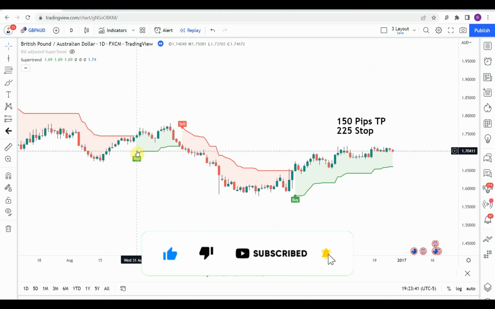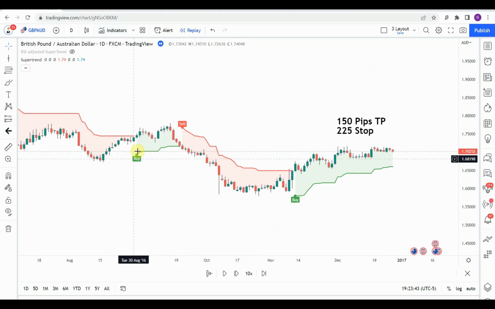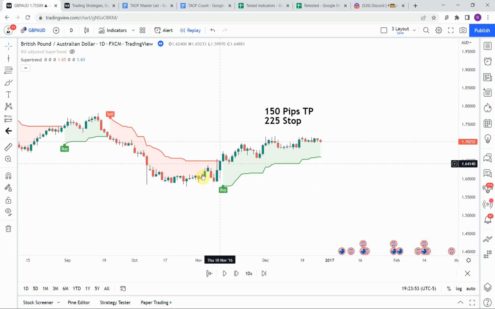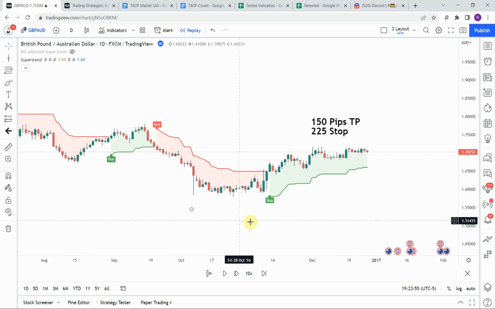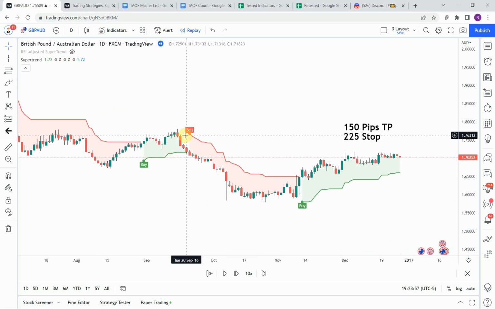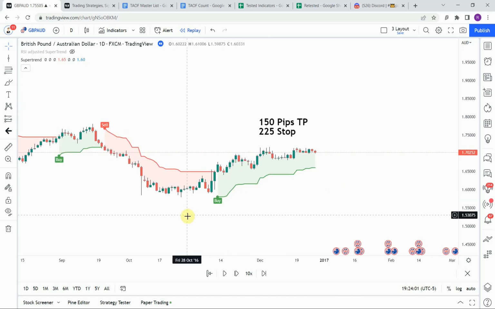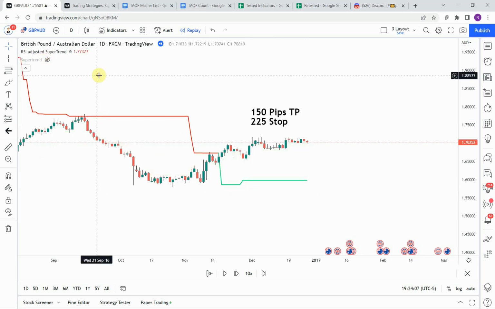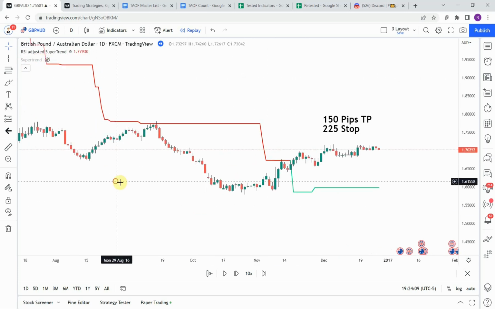And so you have these lines here that are below price action and above price action. So as the trend direction changes, the line will jump above the price action or jump down below the price action, depending on whether the trend is heading into a short trend or into a long trend. And so the RSI adjusted SuperTrend, as you can see, does basically the same thing.